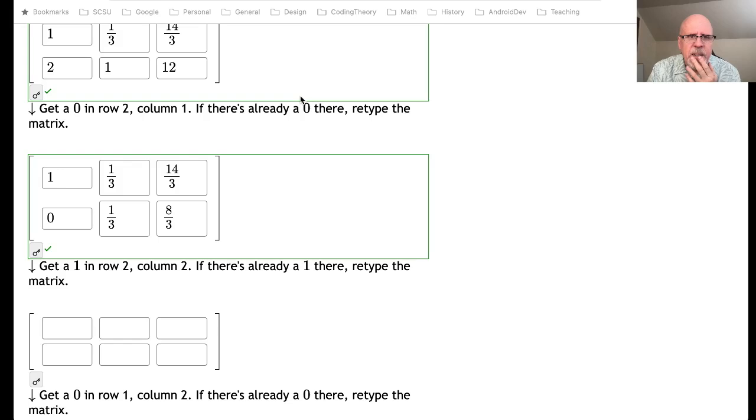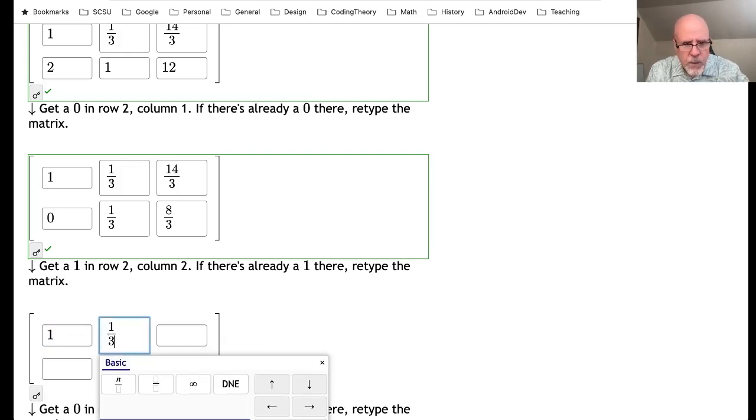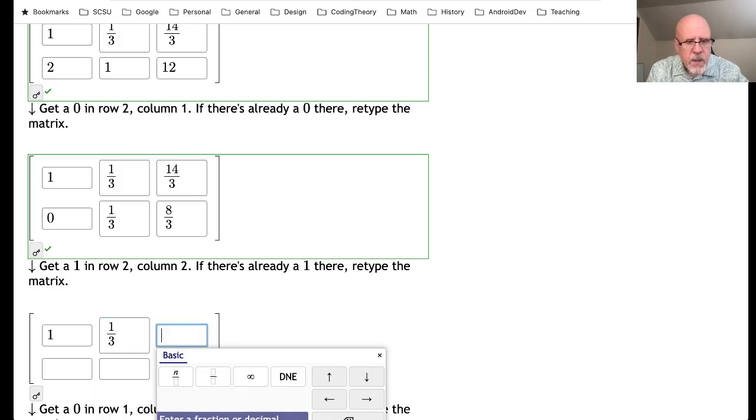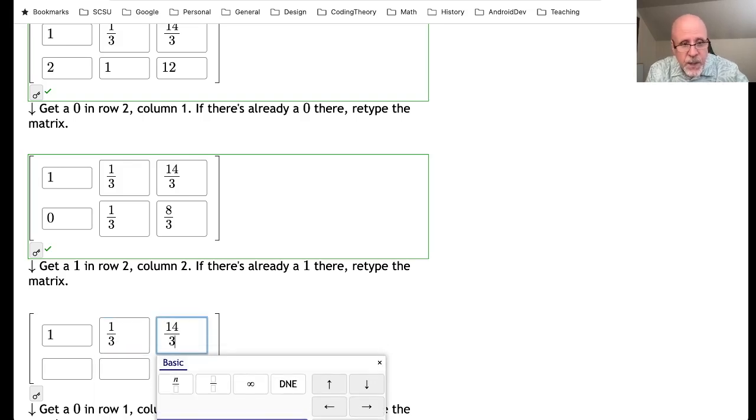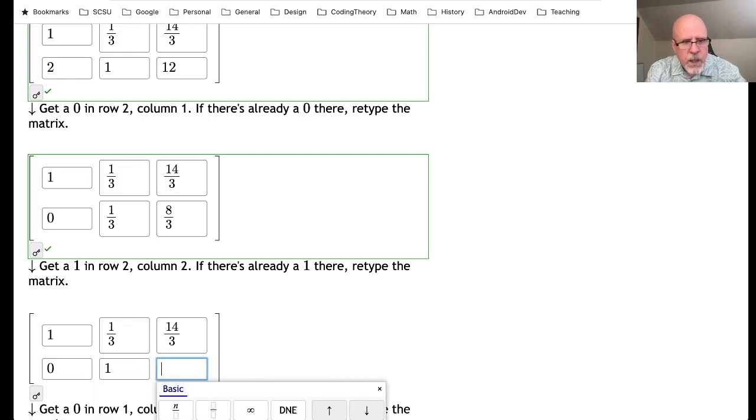All right, so let's see. 1 divided by 3, 14 divided by 3, because again, row 1 doesn't get changed in the operation I just was doing. We were scaling the second row by a factor of 3, making that position to be a 1, and the final position in the third column is an 8 now.